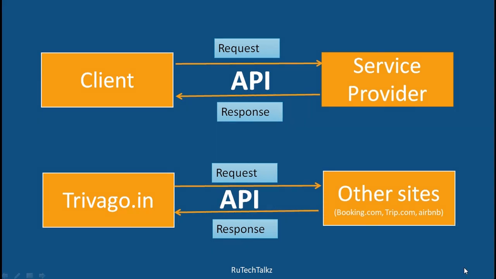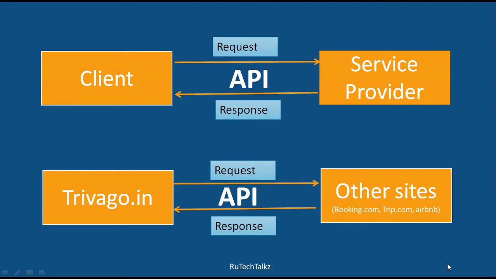There are many other such examples. Whenever we log in or register to any of the websites, nowadays we get the option to log in through Facebook or through Gmail account, Google account. So how do they do it? How do they interact with our Google account or Facebook account?